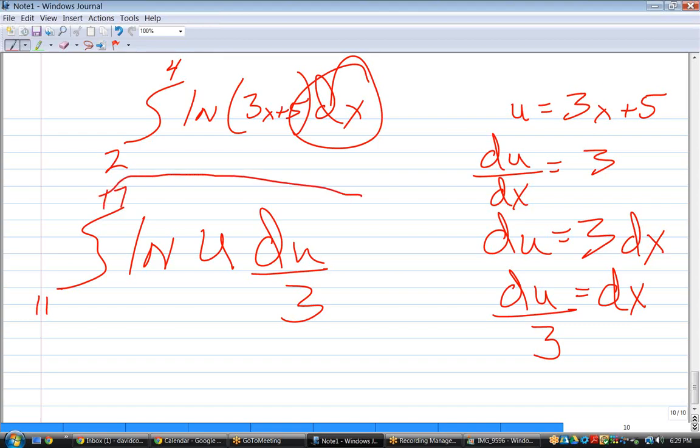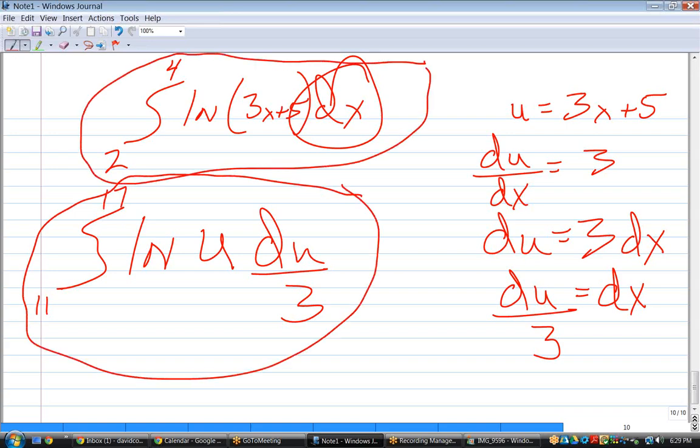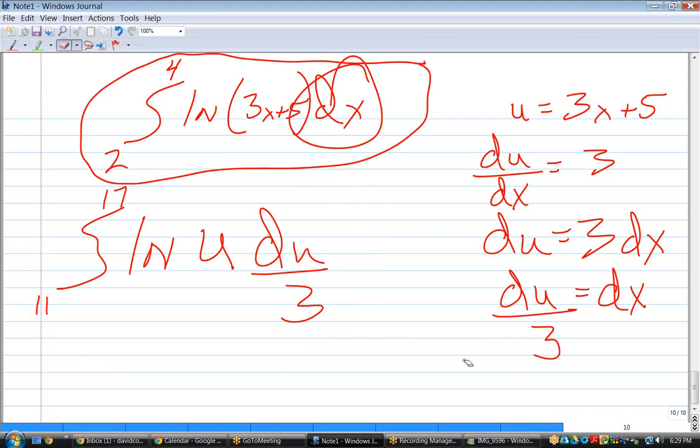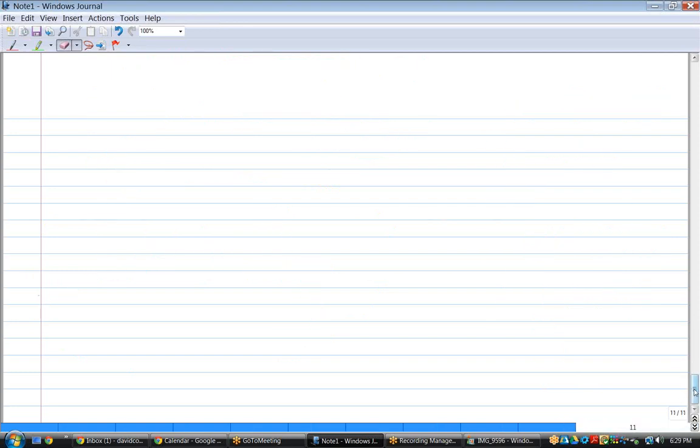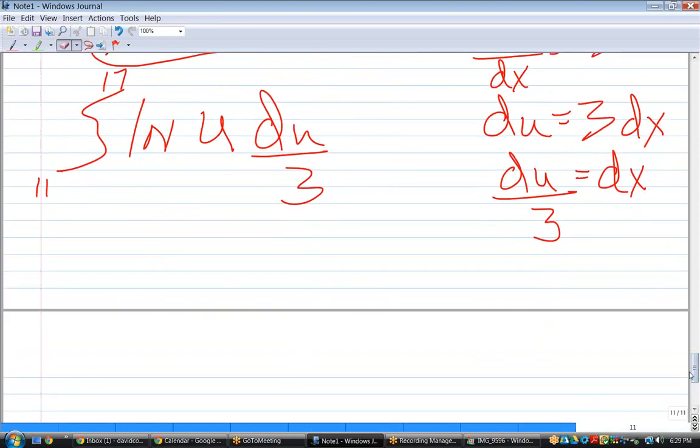And now this is the same as that. Okay. Well, let's do this integral. We can take the 3 outside the integral. What is the integral of natural log of u?